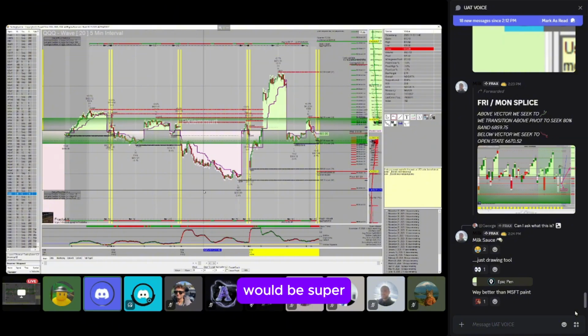Those contracts would be super stellar long puts or long calls if we could always have breakouts. Some days we don't get those breakouts because of the information flow, like when the rumor mill's not going.